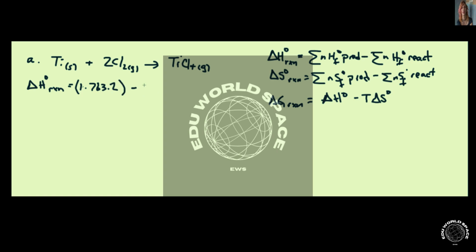So we are going to subtract. Now the titanium is in its natural state, so it is 0. And chlorine is also in its natural state, diatomic, so we have 2 moles times 0 as our final amount. So our delta H of this particular reaction is negative 763.2 kilojoules.